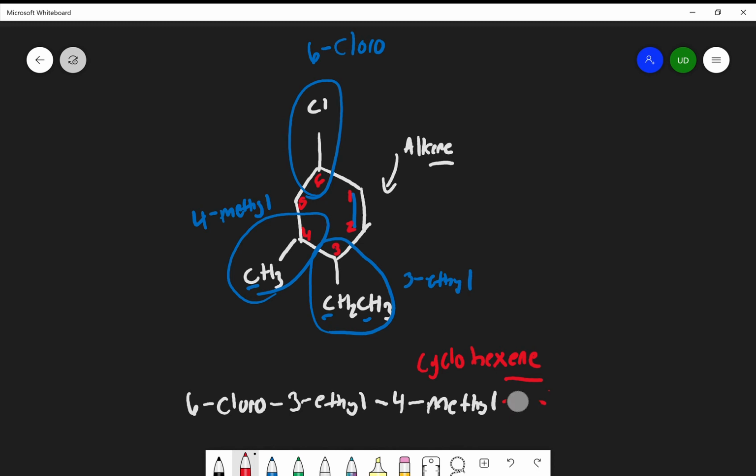Well, actually you can leave it like that because the alkene is on 1. If it was on 2, you would have to mention that. So you could just put methyl cyclohexene.